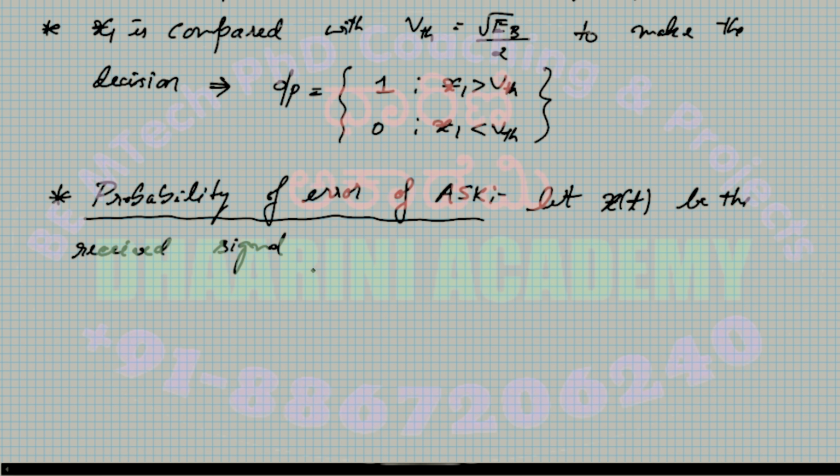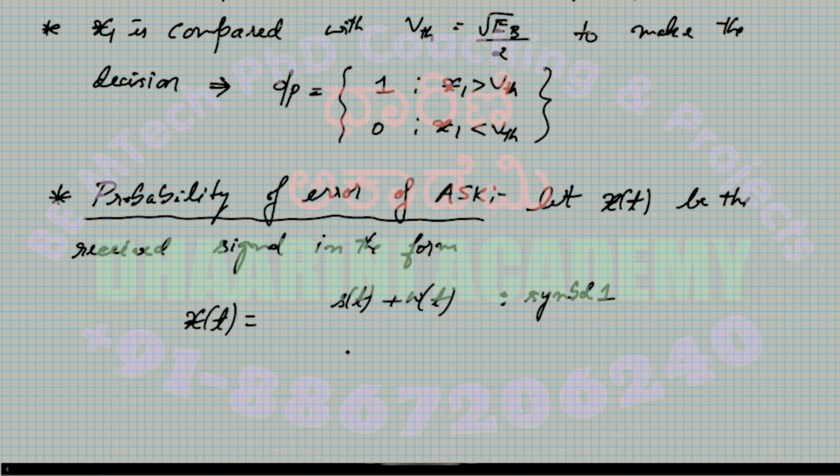So let x of t be the received signal in the form, we are trying to write the format, that is x of t is equal to, so what was sent, we denoted the sent signal as s of t. To this s of t, you have the noise getting added. I denote the noise by W of t. This is for symbol 1, because only when symbol 1 is transmitted, you have s of t being generated.